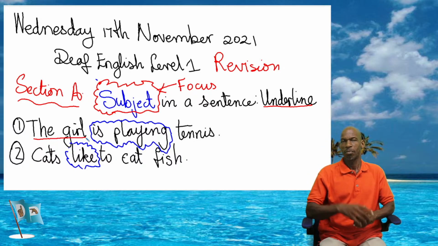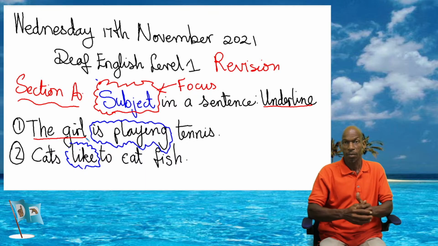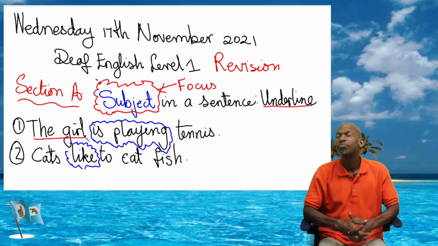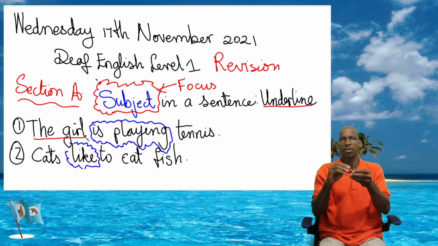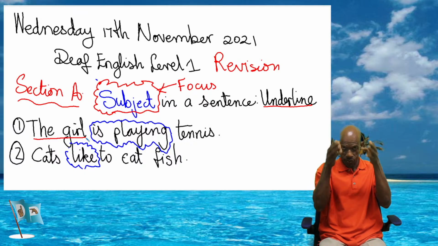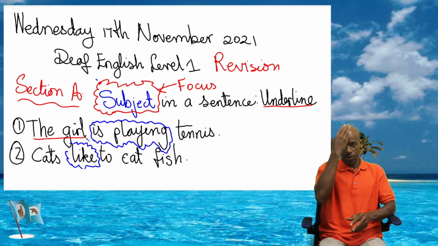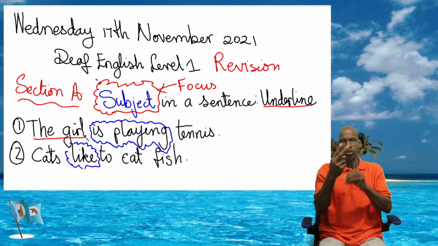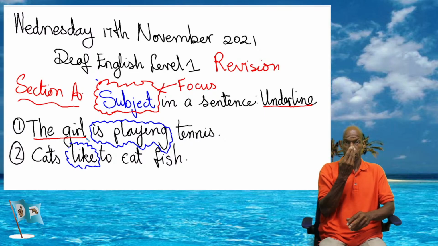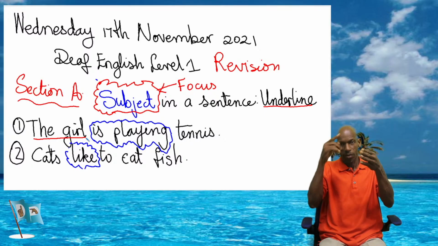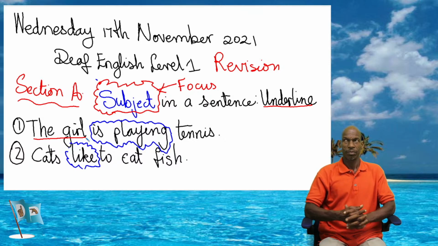You must put in the because the is showing it's speaking about a specific girl. All right, Selwyn, what is the subject for number two? He's not watching. What is the subject for number two?